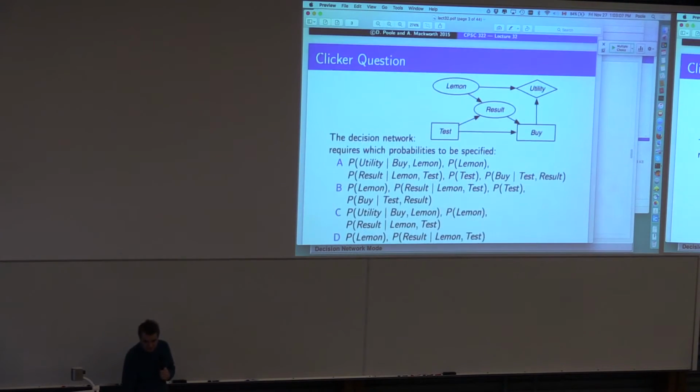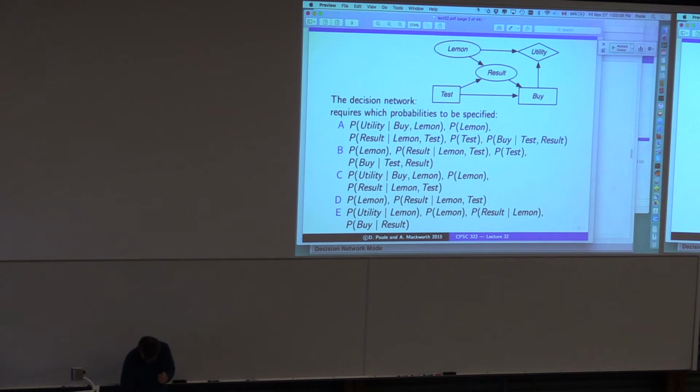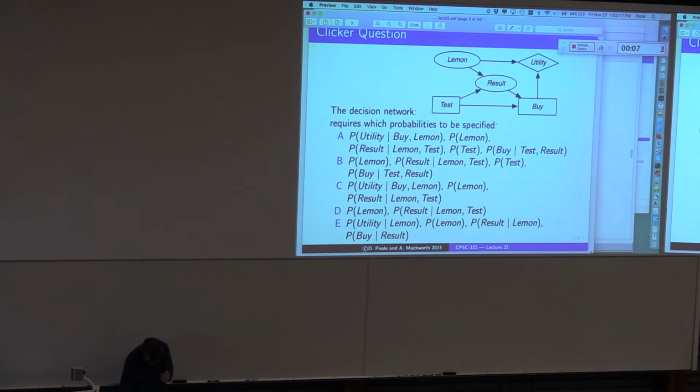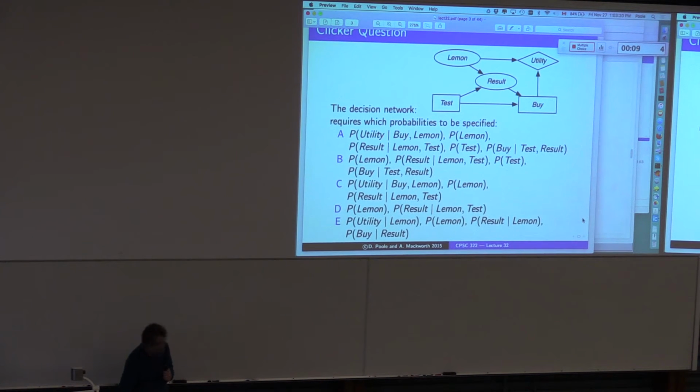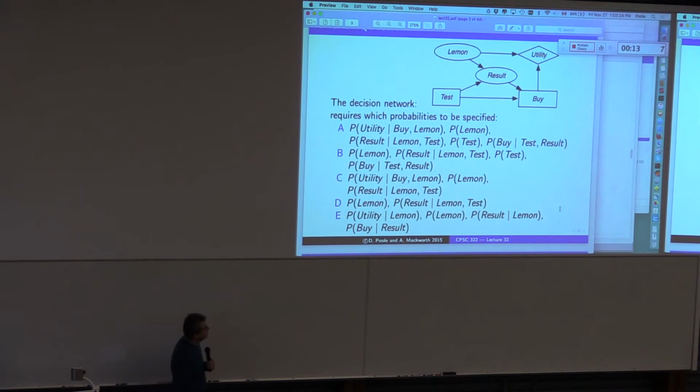So what I'll do now is we'll do some quicker questions. This decision network requires which probabilities to be specified?